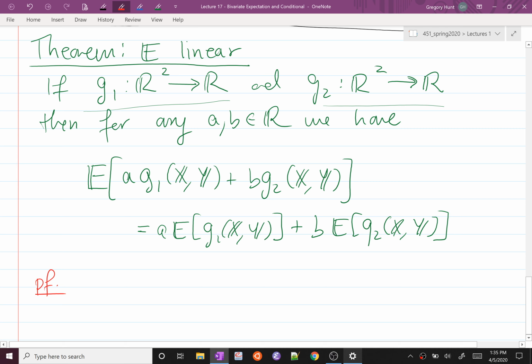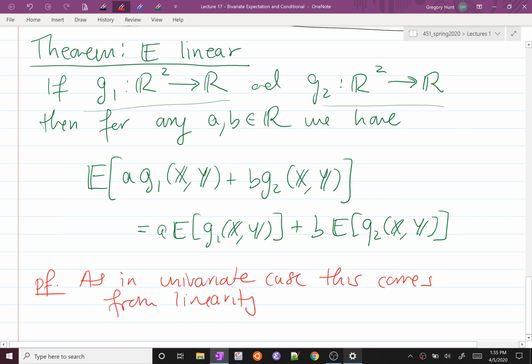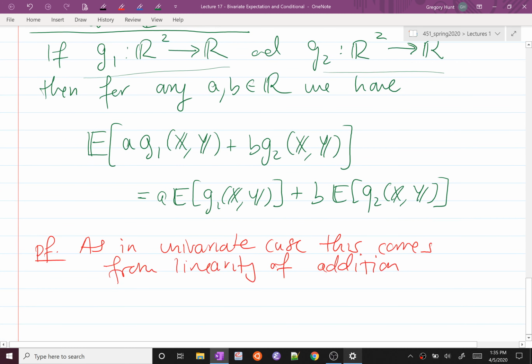again, just as in the univariate case, comes from linearity of addition or sums in the discrete case and integration in the continuous case.